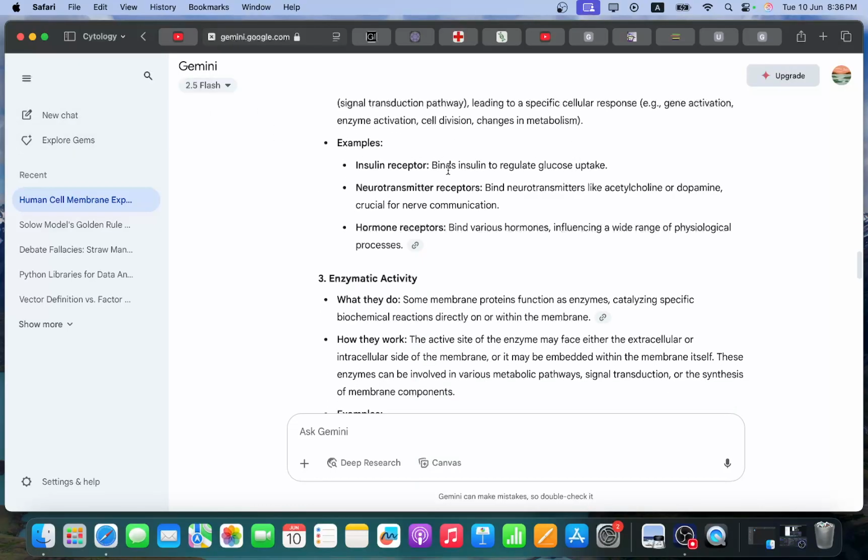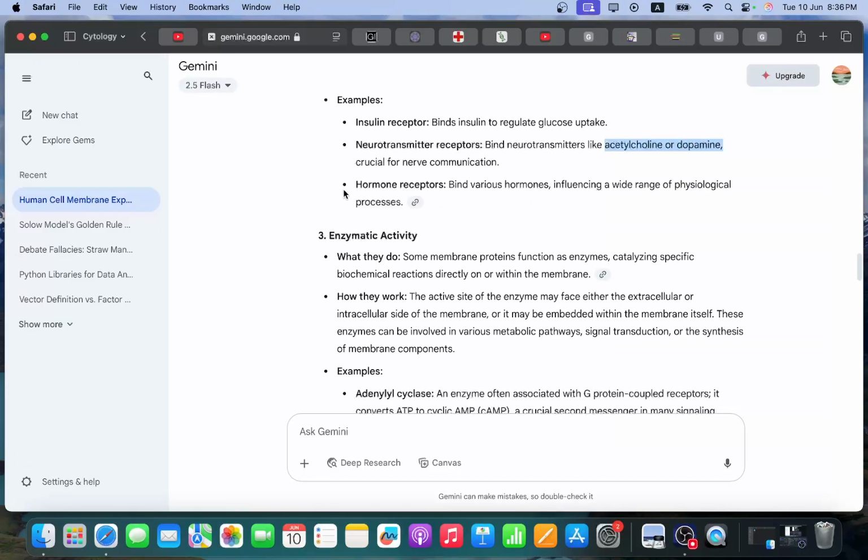Examples: insulin receptor binds insulin to regulate glucose uptake. Neurotransmitter receptors bind neurotransmitters like acetylcholine or dopamine, crucial for nerve communication.